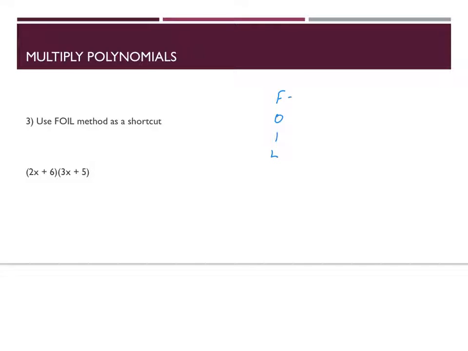It stands for first, outer, inner, and last. Now what we mean by those things, if I look at my polynomial, 2x and 3x, those are my two first terms.